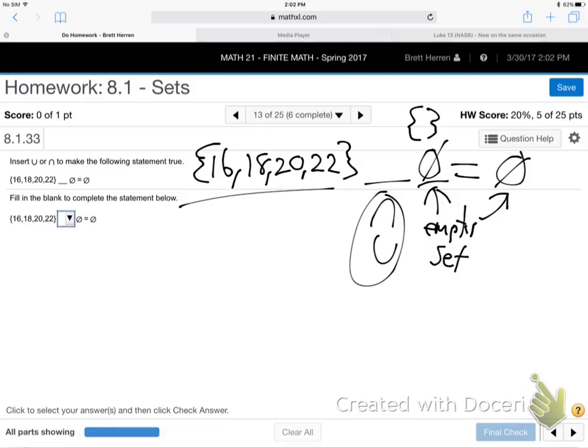So what really goes between them? If we put a U between them, could that be right? No, it's not U. Why not? What would U mean? U would mean get them together, unite them, go play softball together, right? If you took the 16, 18, 20, 22 and united with nobody, what would you have? Well, you'd have that whole 16, 18, 20, 22. So it's not unite, because unite just puts them together.